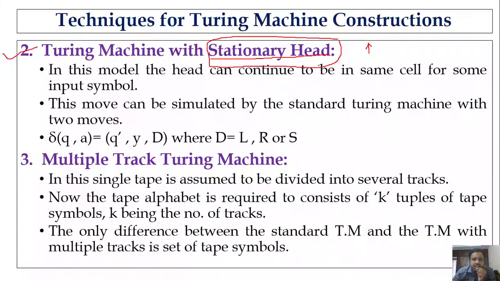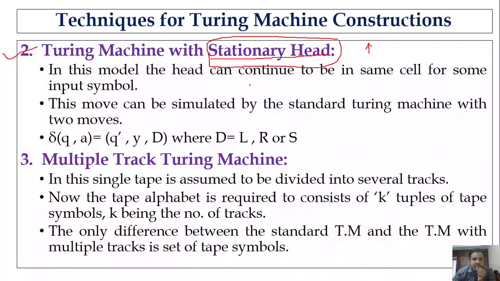For some particular portion of the input the head may not move. Whenever we process the input, that means we replace that input with some other symbol, and the head remains in the same position, then that Turing machine is considered as a Turing machine with stationary head.